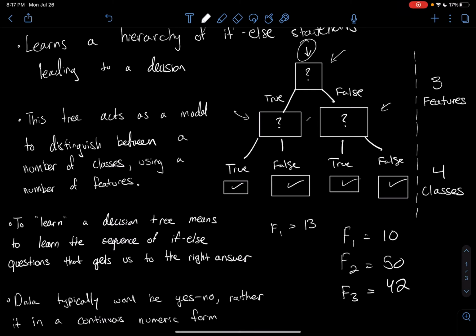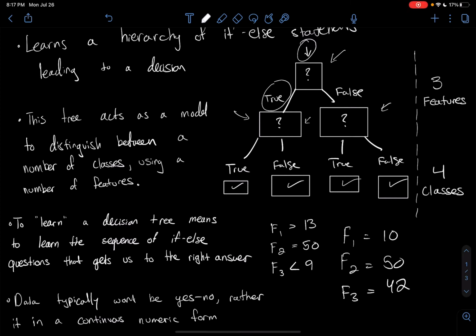At the next level, you might have, is feature 2 equal to 50? And if you did match that feature 1 was greater than 13, you might have a different decision to make here.